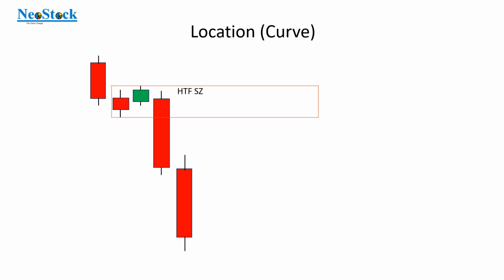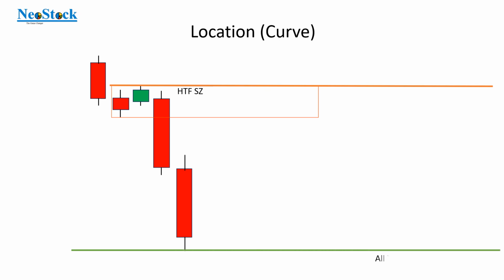First, we draw the distal line at the supply zone, a horizontal line. Similarly, we will also draw a horizontal line at all-time low. This is the all-time low price line. Now between the all-time low price line and the supply zone distal line, you can draw a straight line as a range.